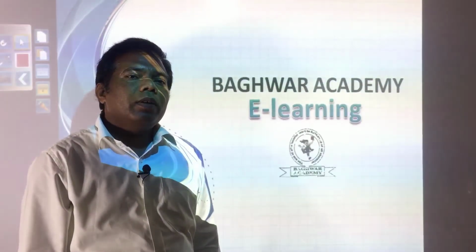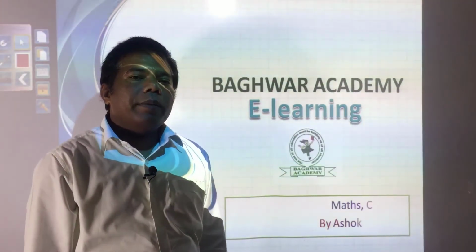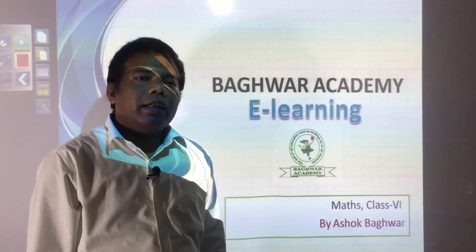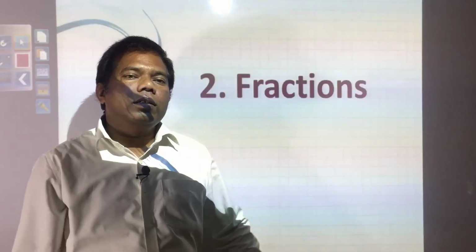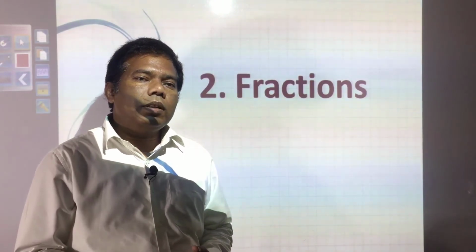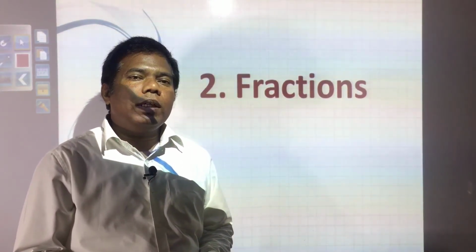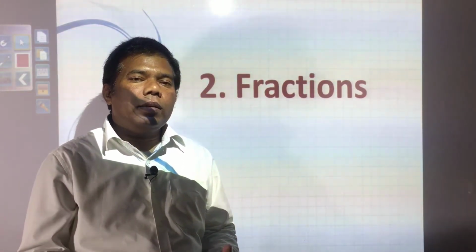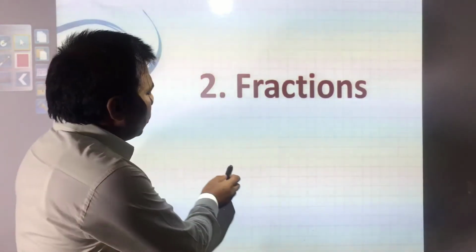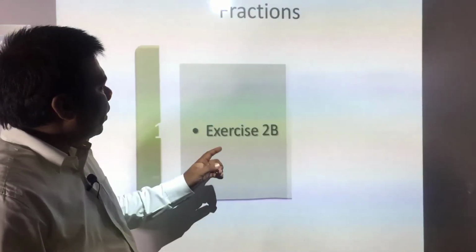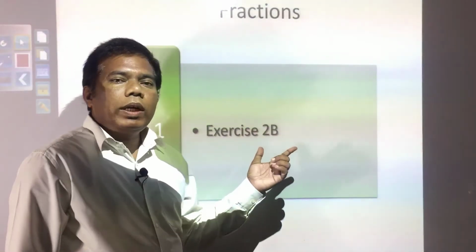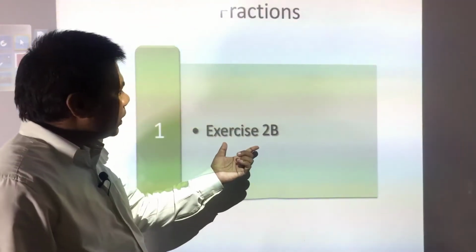If you remember, we have been doing our chapter fractions, and last day we had solved some examples, and based on that we have one exercise, which I think many of you might have done. Under this fraction we have exercise 2b. Let us see a few questions I have selected from this exercise.